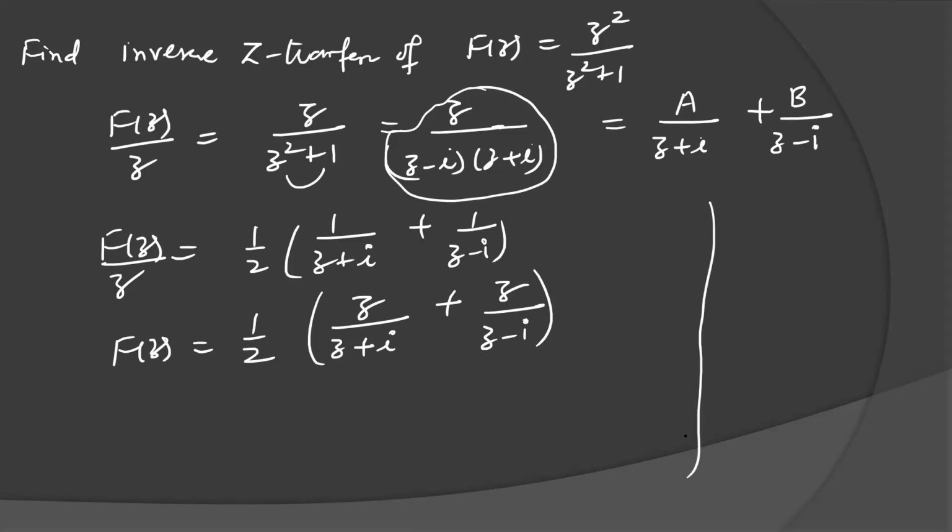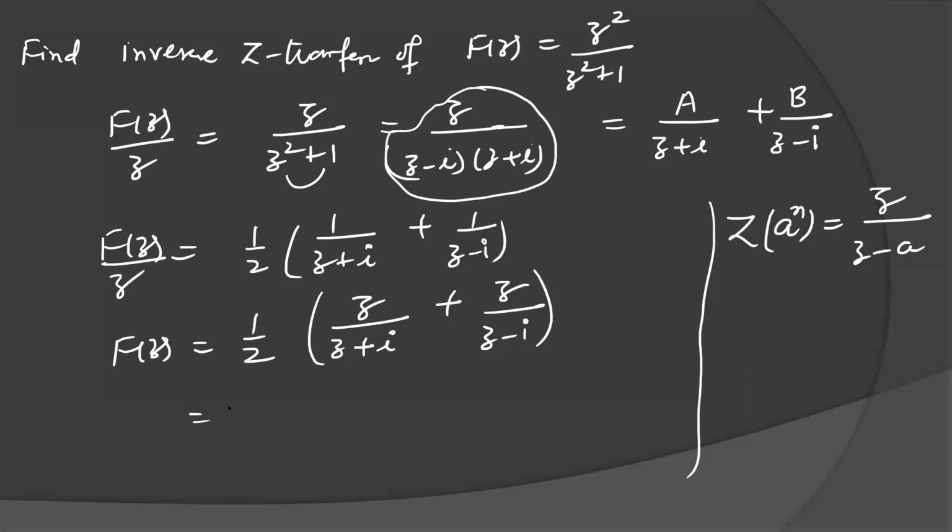Remember, I have written there, if you remember, the Z transform of a to the power n was z over z minus a. If you remember this statement, then a can be any number. It can be real or complex. So you can compare here.